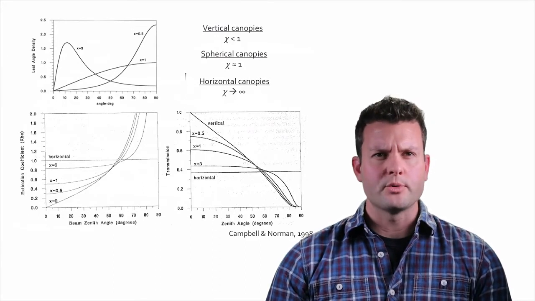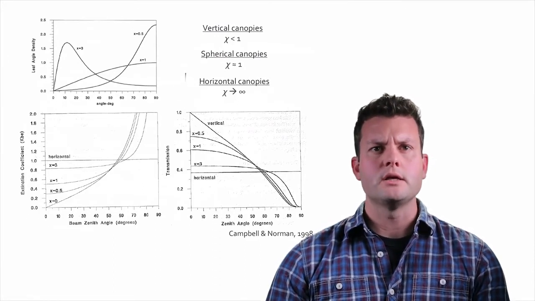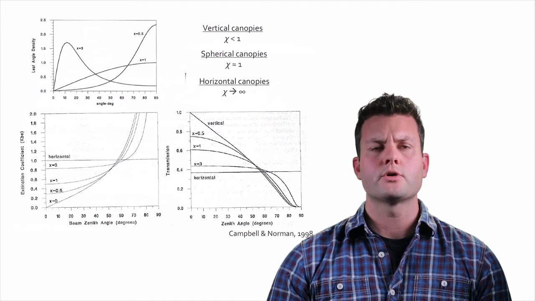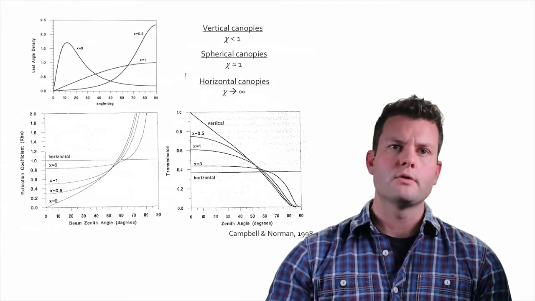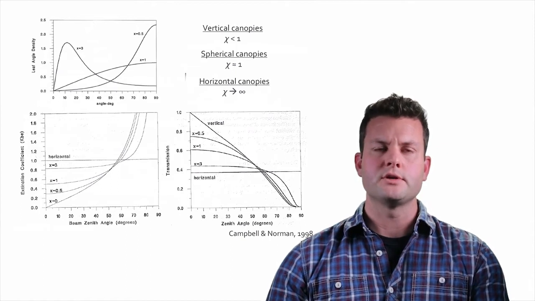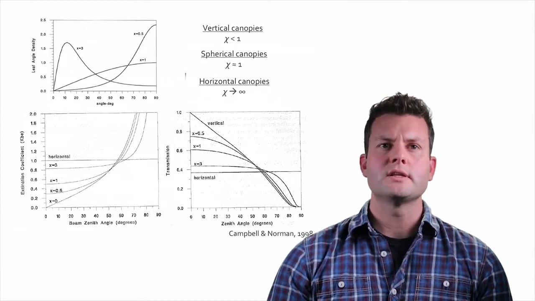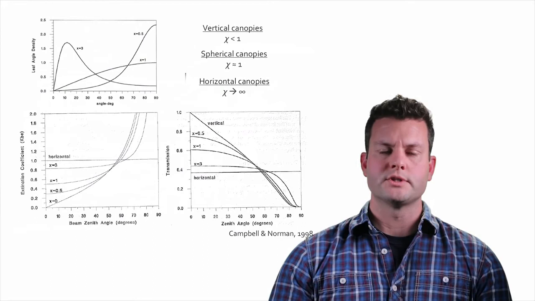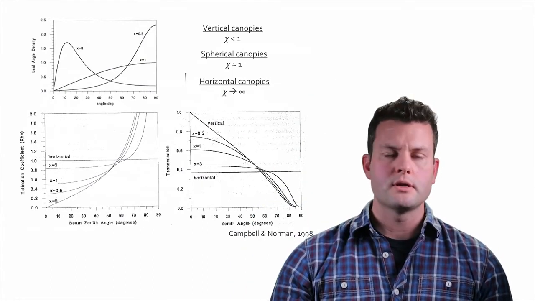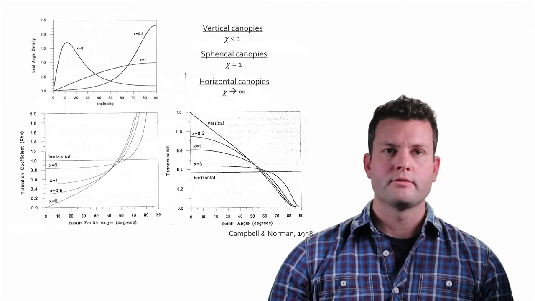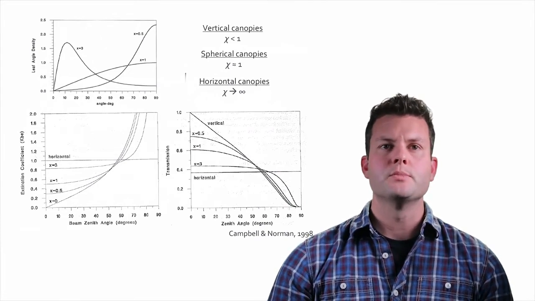For example, with chi equal to 0, a completely vertical canopy, if the sun is directly overhead, so the beam zenith angle is equal to 0, the extinction coefficient is equal to 0, meaning that all the radiation is passing through the canopy. None of it is being absorbed or reflected. It's 100% transmitted.